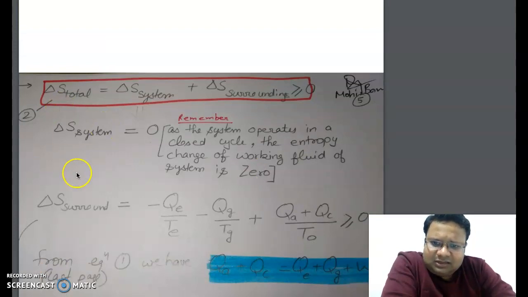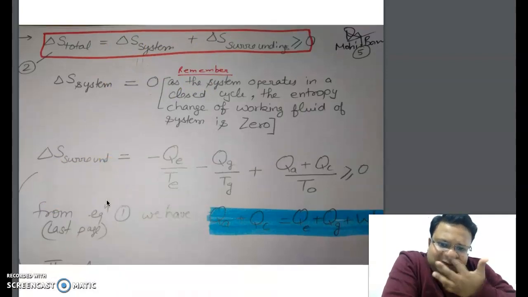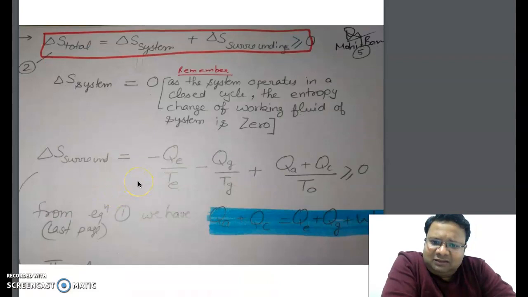Moving further, as the system operates in a closed cycle, the entropy change of the working fluid of the system is 0. So delta system becomes equal to 0, and delta surroundings can be written, from the Clausius inequality, as we generally write heat as TdS.